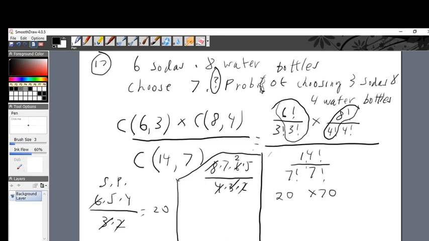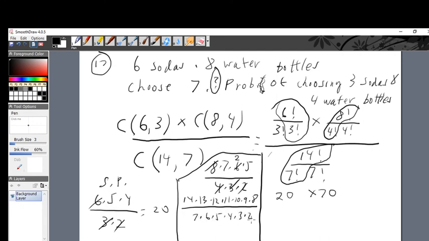Okay, now the harder one. This is the bad one. 14 factorial over 7 factorial times 7 factorial. Choose one of them, it's a tie. So you've got 14 times 13 times 12 times 11 times 10 times 9 times 8. You get to 7. Stop. 7 factorial: 7 times 6 times 5 times 4 times 3 times 2.